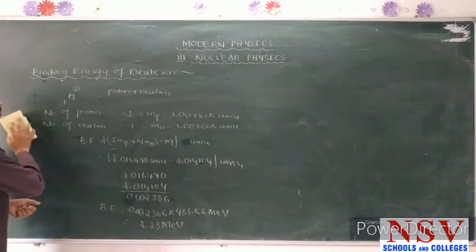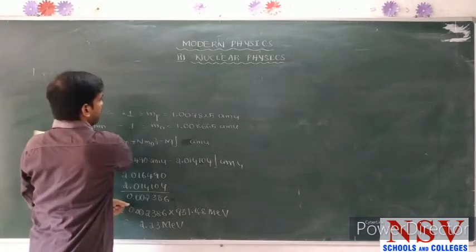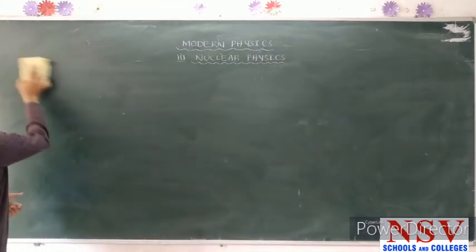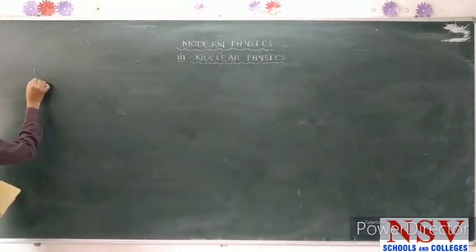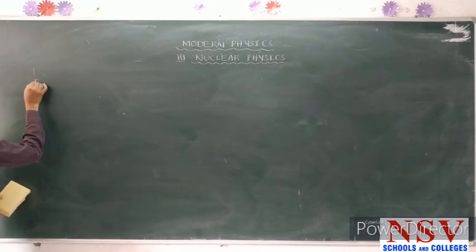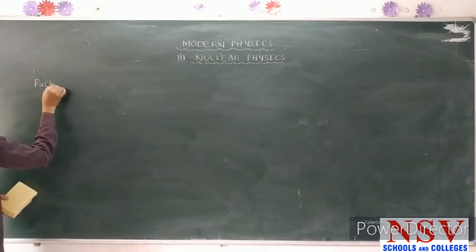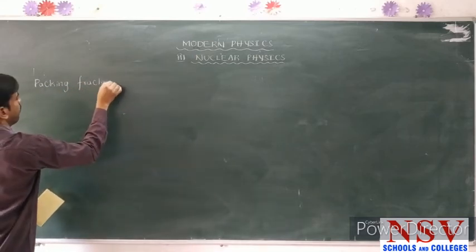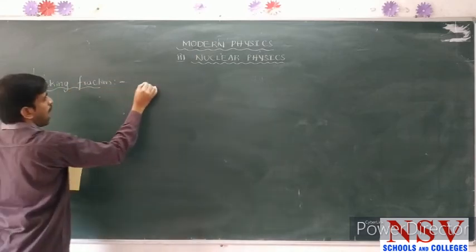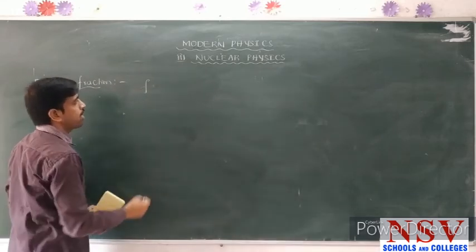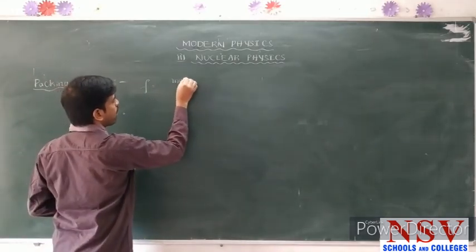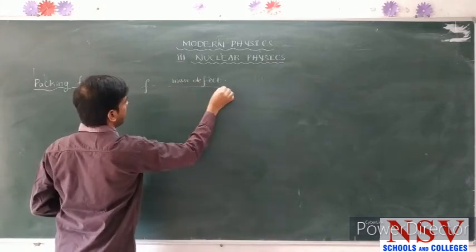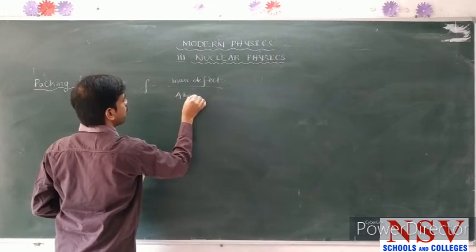Next one is the packing fraction. We denote packing fraction by F. This is the ratio between the mass defect and the atomic mass of the nucleus.